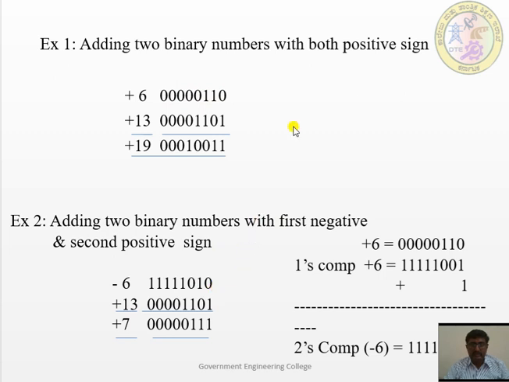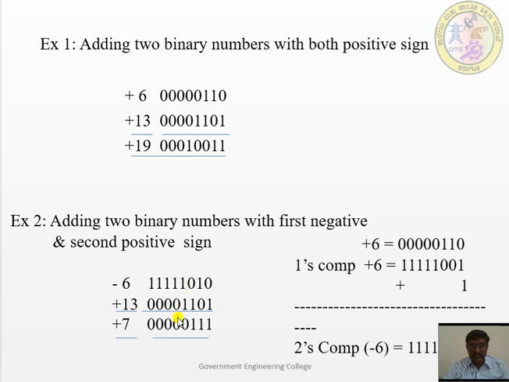The addition is the same. 0 plus 0 is 0, 0 plus 1 is 1, 1 plus 0 is also 1, but 1 plus 1, at that time sum is 0, carry is 1. So that is the binary addition rule. 0 plus 1 is 1, 1 plus 0 is 1, 0 plus 1 is 1, 1 plus 1 is 0, carry generated.